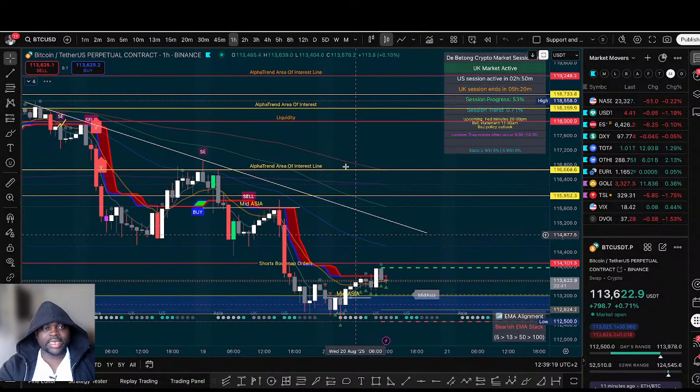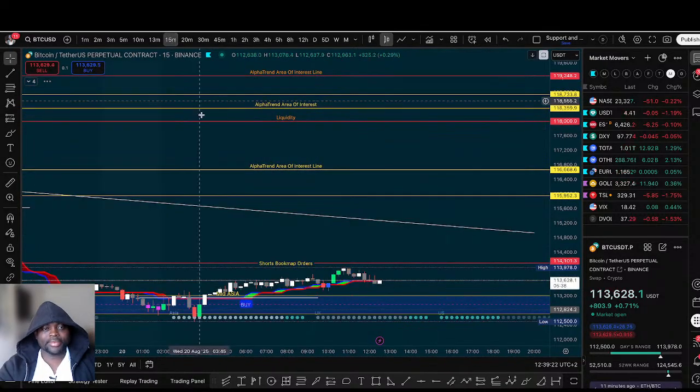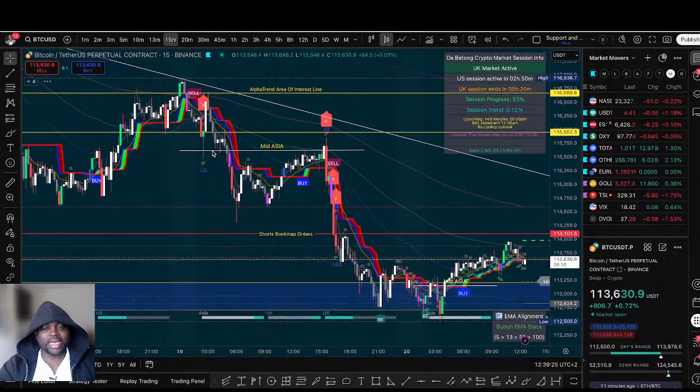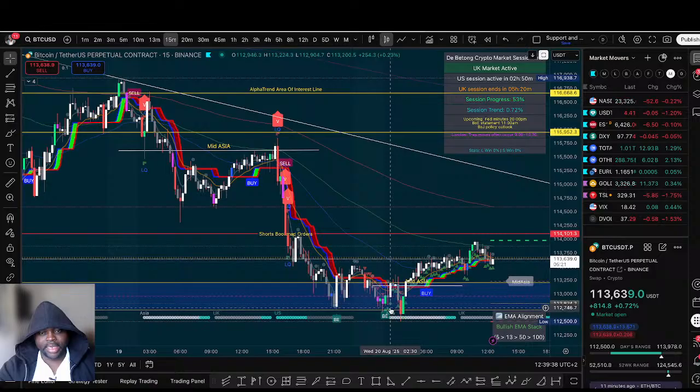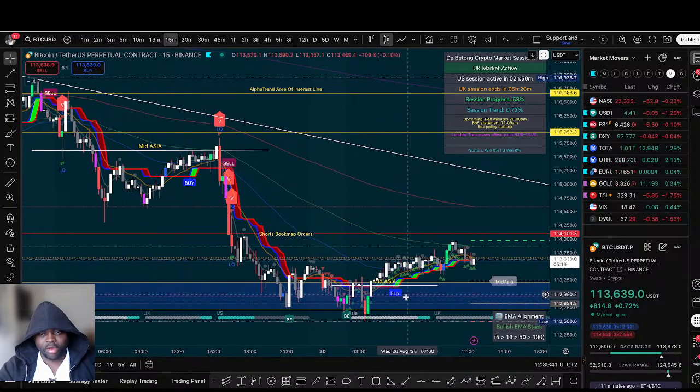During the US session, usually, the market makers tend to push price to the direction where there's more liquidity, or where UK has taken price to. You can see the market opened down here around, let's say, 112,800, and it took us right up to this zone here, around 113,600. And then during the UK session, UK took us up there.